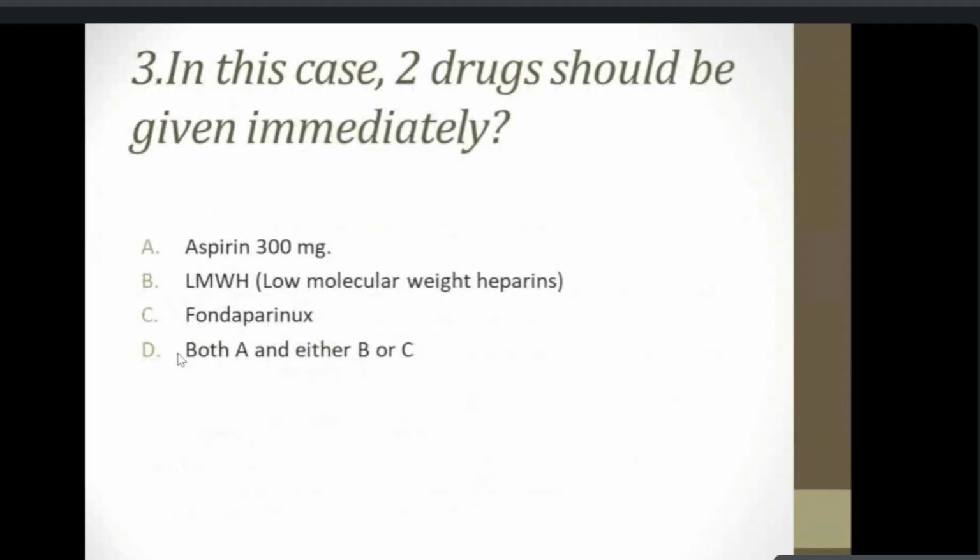For the third question, in this case, two drugs should be given immediately. We have aspirin, low molecular weight heparins, fondaparinux, or both A and either B or C. We have two drugs that we must give immediately.